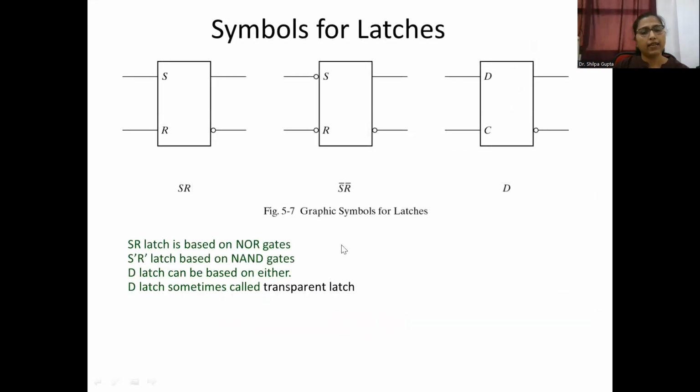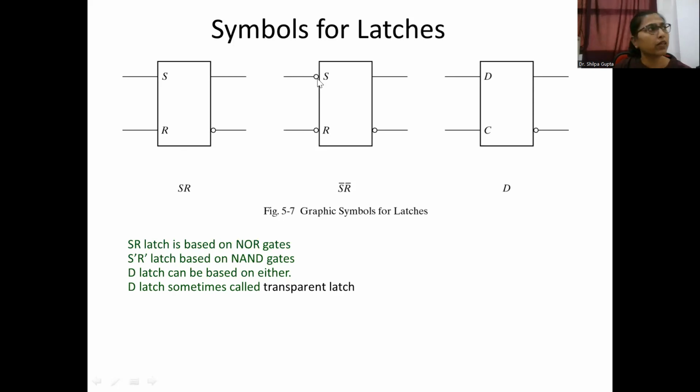Now, SR can be represented by these blocks, and D is represented like this. Two inputs to the SR, S and R, with one output Q, and another is the complement of Q. And if we are using the NOR gate design, then we have to show it like this, because we are taking active low signals for the NOR gate design.